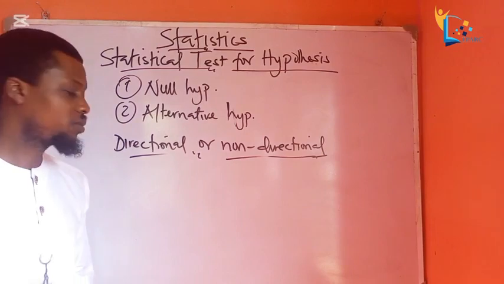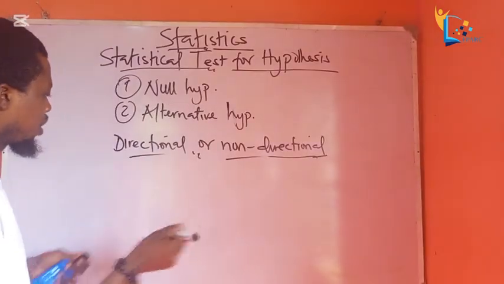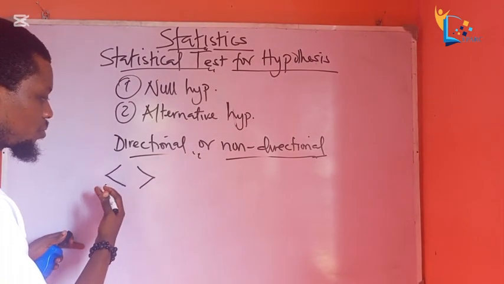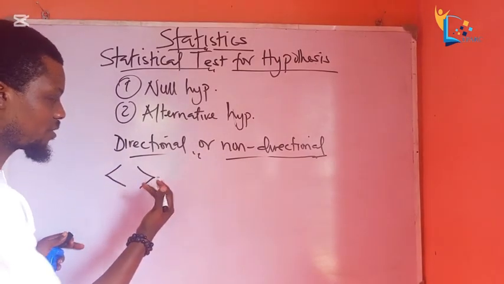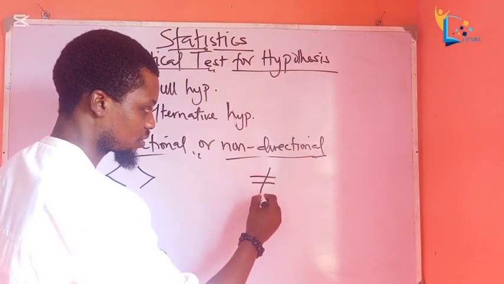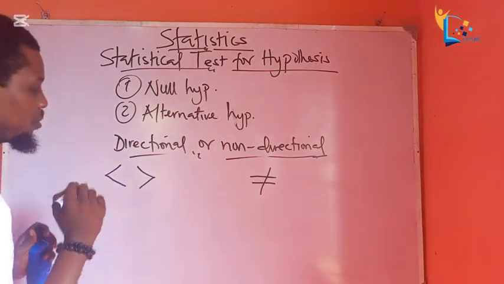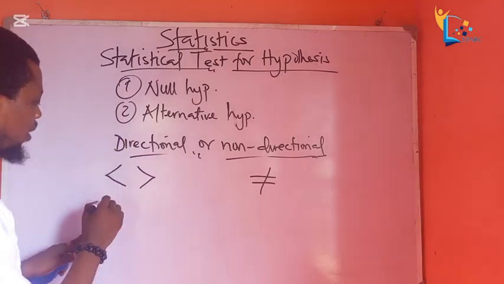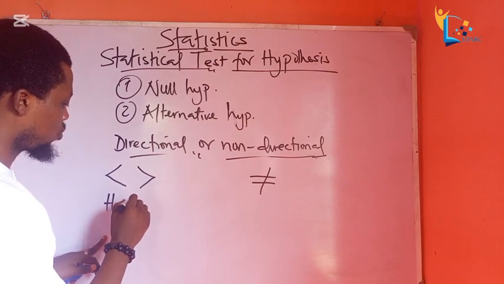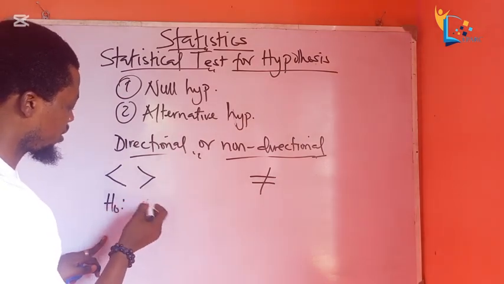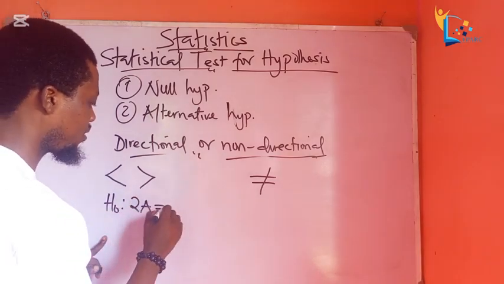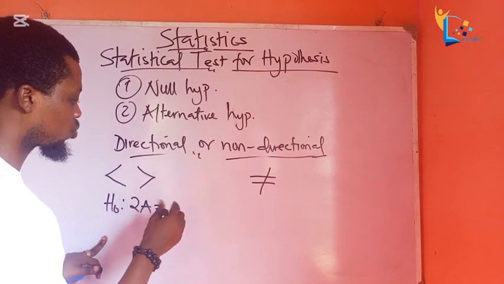Are we together? So now, it is directional if we talk about more, less than, or greater than. If we talk about more or less, then it is directional; it is non-directional if we talk about no difference. I'll give an example. Let our null hypothesis be that students in 2A are equally brilliant with students in 2B.